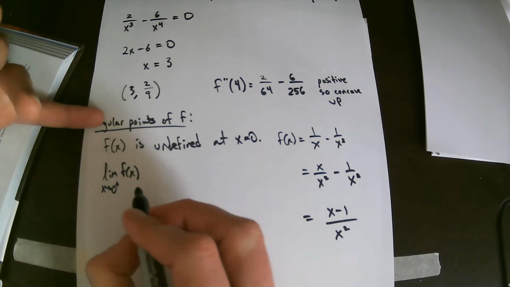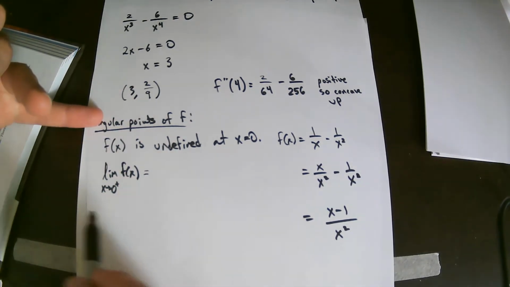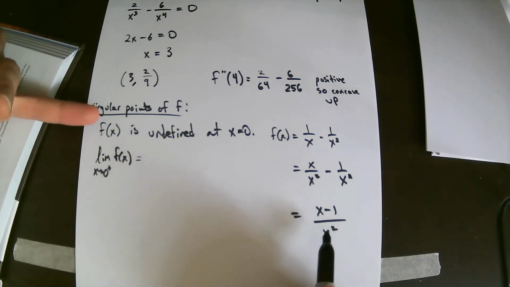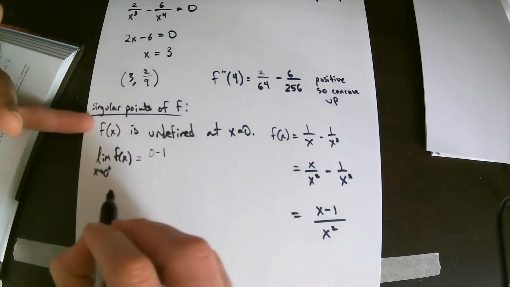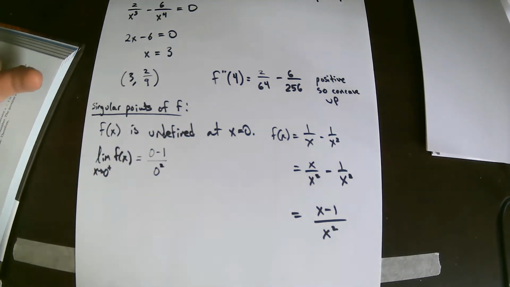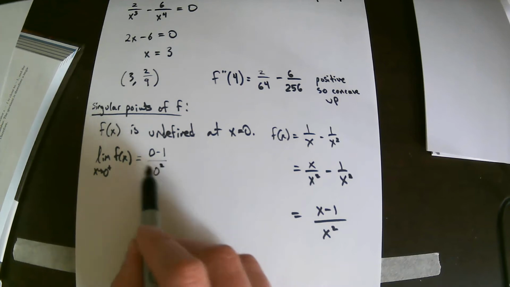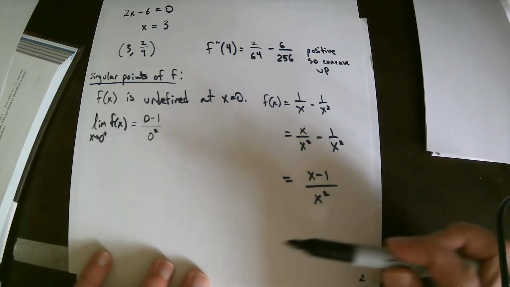Okay, so this is the same as plugging in 0 from the right into this. So I can say 0 minus 1 over 0 squared. Now I should really point out that these values of x and x squared here are supposed to be coming from the positive side, right?